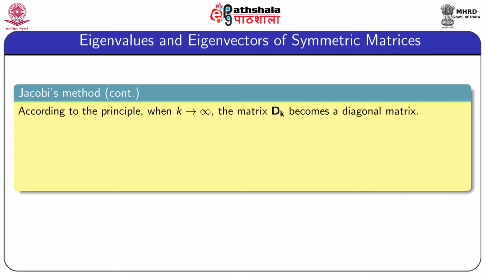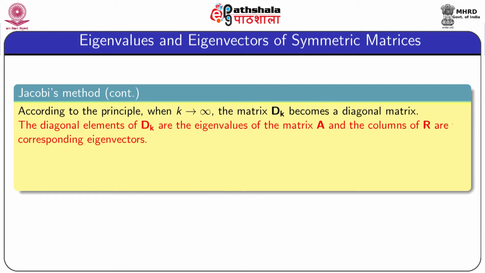According to the principle of Jacobi's method, when k is a large number or k tends to infinity, the matrix Dk becomes a diagonal matrix. The diagonal elements of Dk are the eigenvalues of the matrix A, and the columns of R are the corresponding eigenvectors.